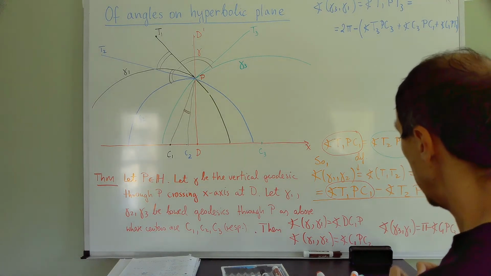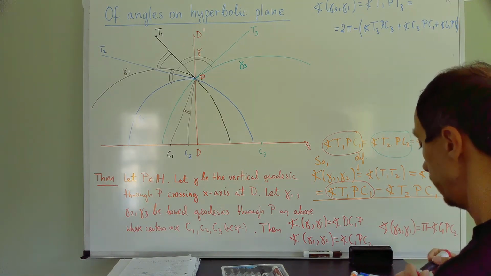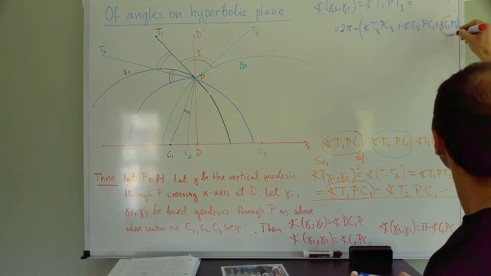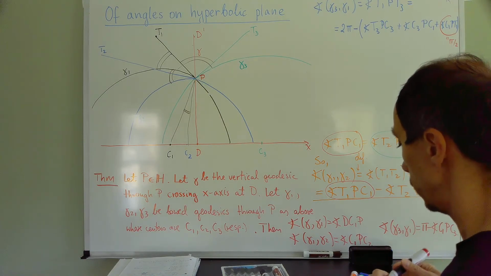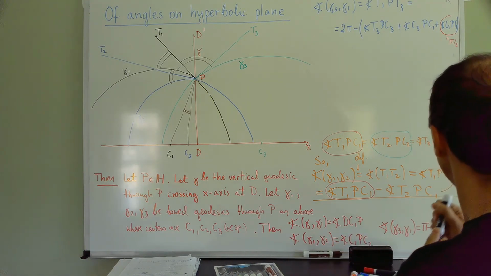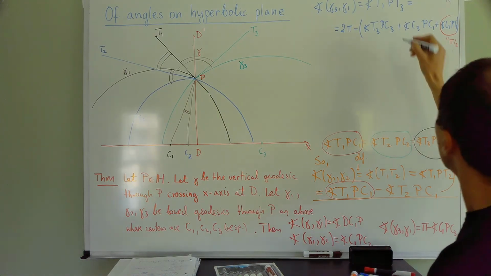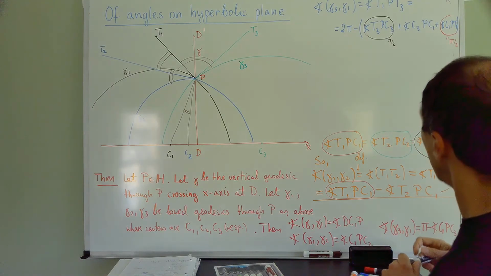All right, but again, there are two right angles here. So this is right by this, and then there is also that one, that's also right, pi halves.